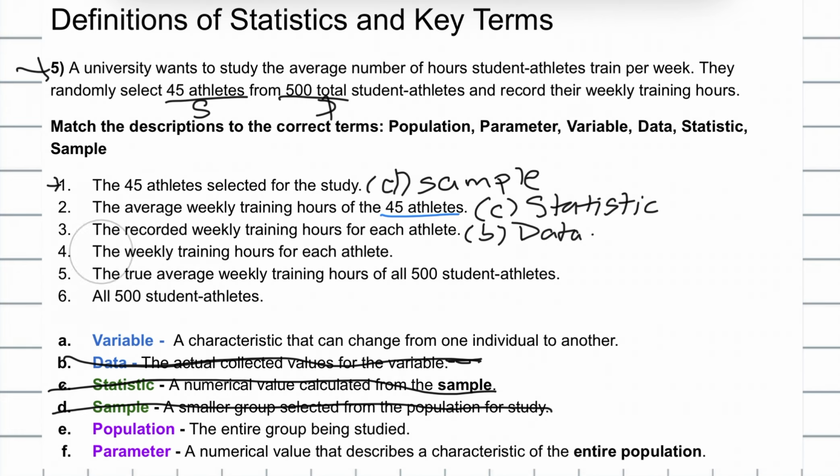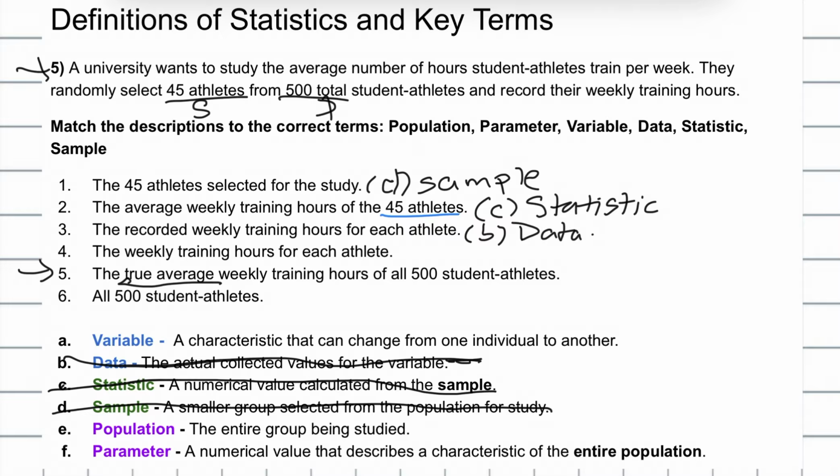When it comes to number four, the weekly training hours for each athlete, I need to skip this one. When we don't understand something, we can skip it, right? So we can go to number five and see what's happening here. Number five, the true average, is usually correlated to parameter.